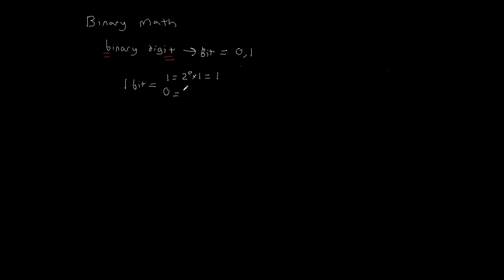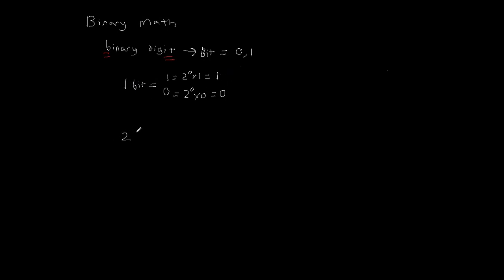If it's a 0, that's 2 to the power of 0 times 0, which is equal to 0. Again, I don't necessarily expect you to follow along with this math. Actually, 2 to the power of 0 times 0 is 1 times 0, which is 0, not 2. So if it was 1-bit, the pixel value would either be a 1 or a 0.